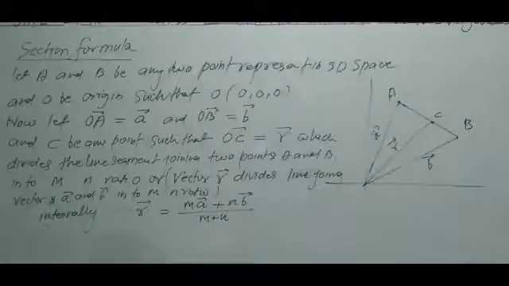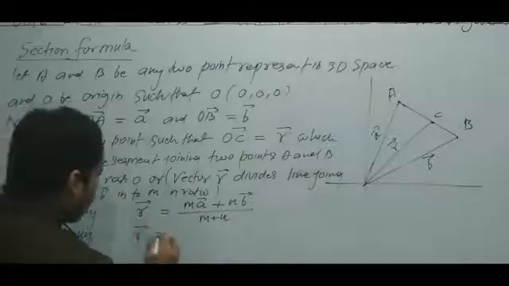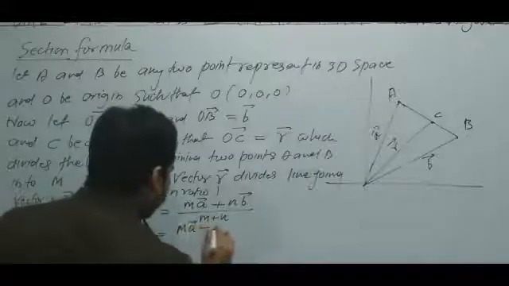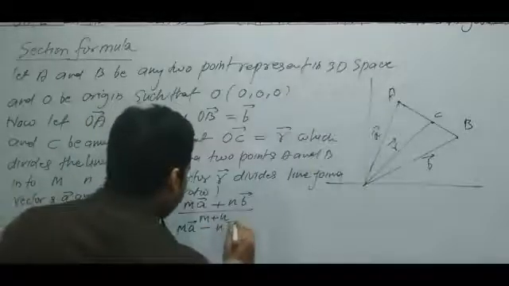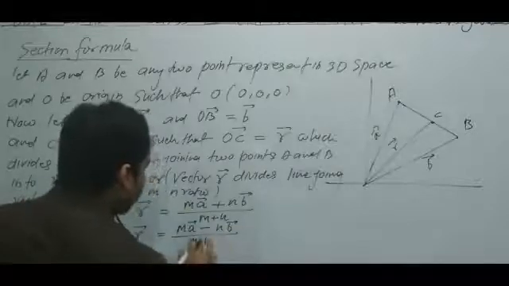And now externally, vector R will be equal to m times vector A minus n times vector B, whole upon m minus n.